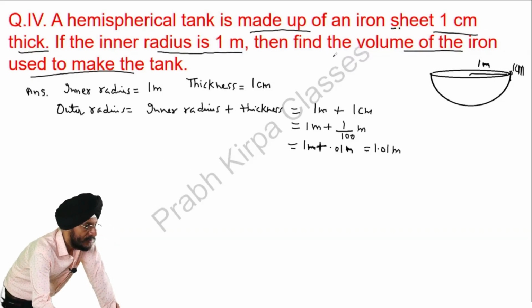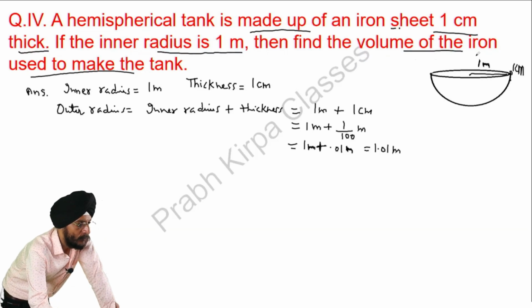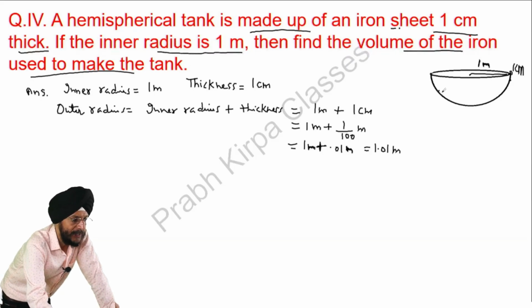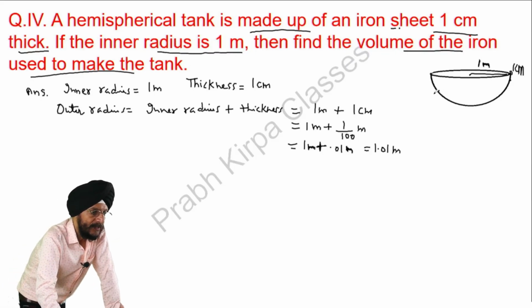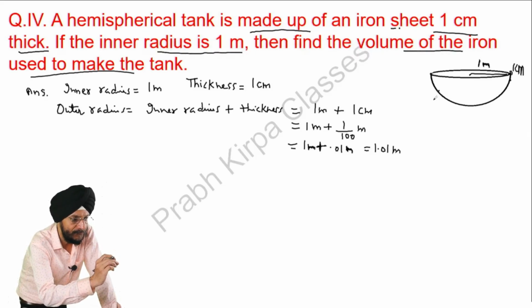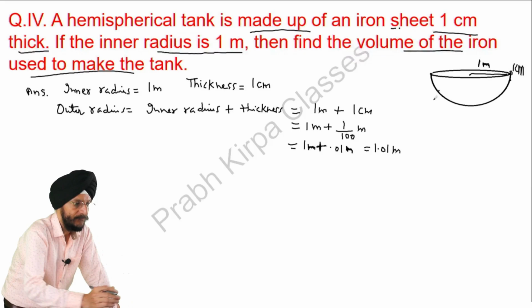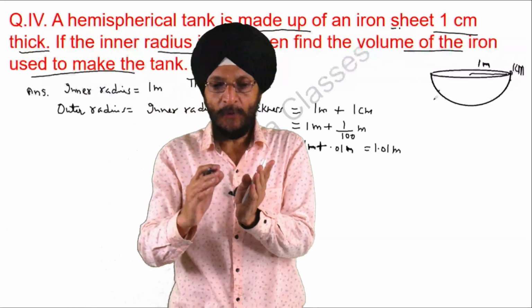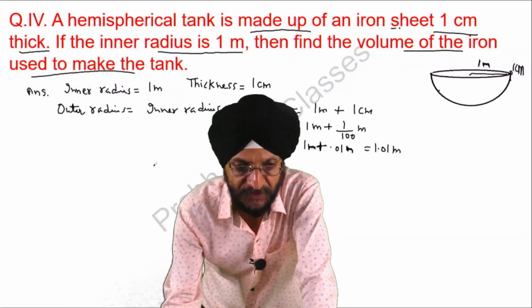So now what we have to calculate? We have to calculate the volume of iron used. This can be calculated by arriving at the volume of outer hemisphere and the volume of inner hemisphere. We will deduct the volume of inner hemisphere from the volume of the outer hemisphere.